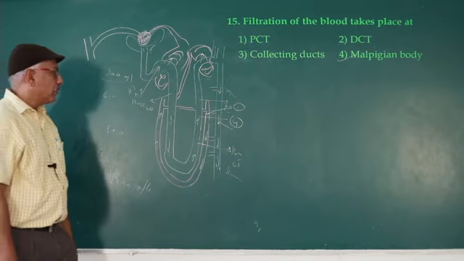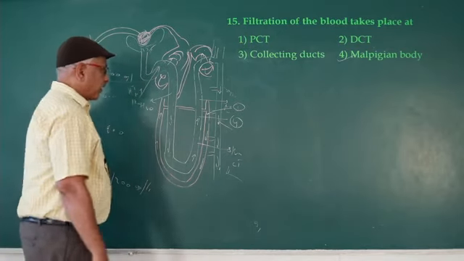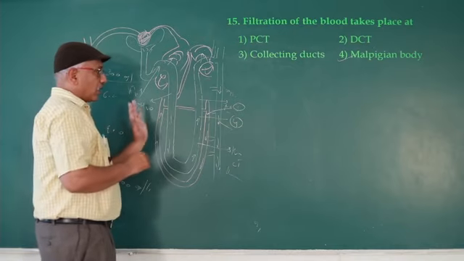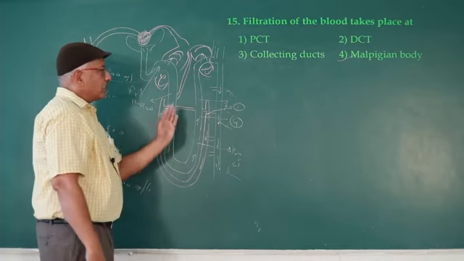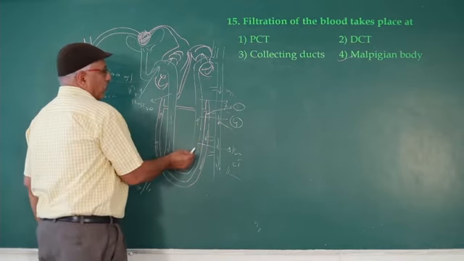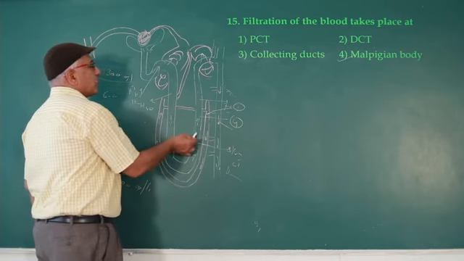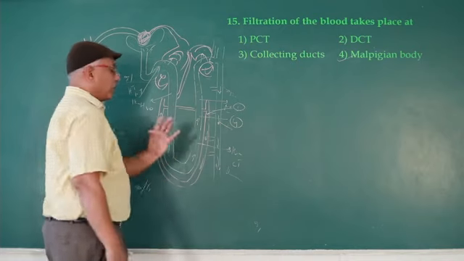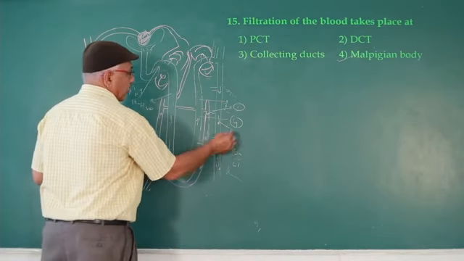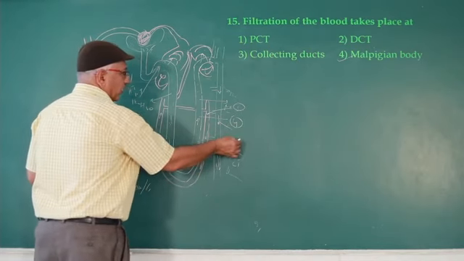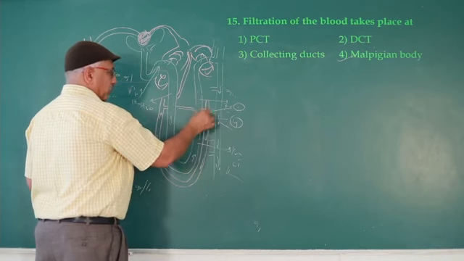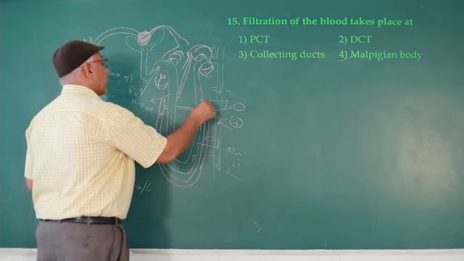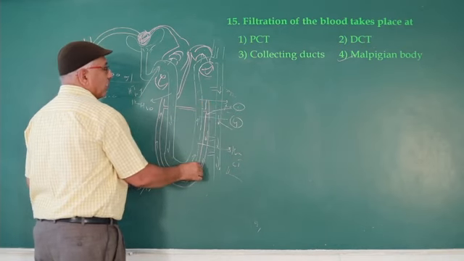Once again, the 3 counter currents. Next, while primary urine is passing through the ascending limb, electrolytes enter into the medullary fluid. Next point, electrolytes present in the medullary fluid diffuse into, or are secreted into, the descending limb of vasa recta.